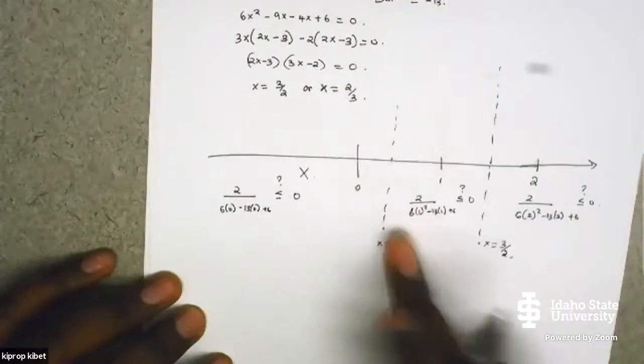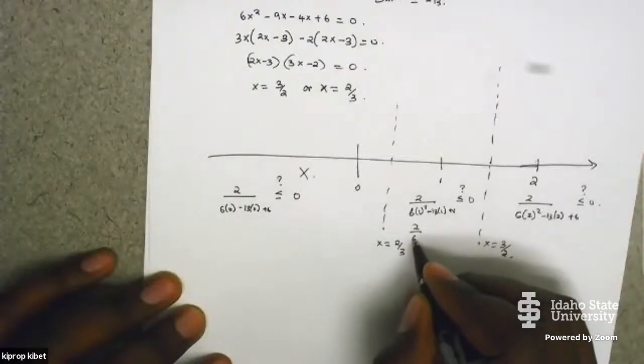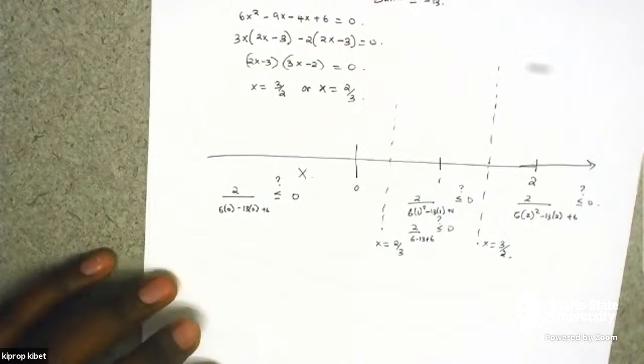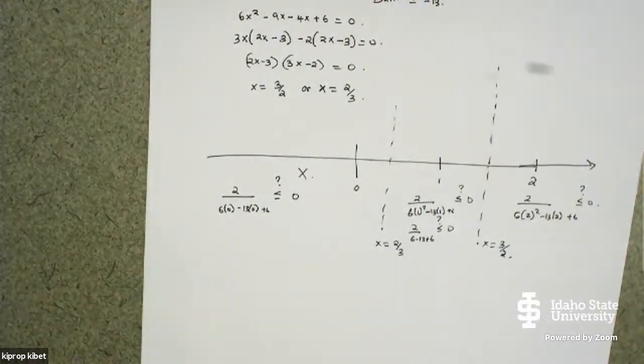So this is 6. So this is 2 all over 6 minus 13 plus 6. Is this less or equals to 0? So 6 is 12 minus 13 is what? Negative 1. So it is negative. Is that less or equals to 0? Definitely it's less than 0, right? So that region is satisfied.